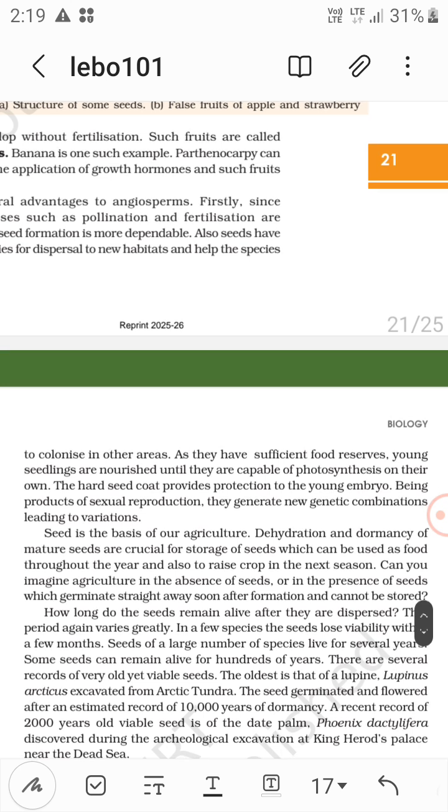As they have sufficient food reserves, the young seedlings are nourished until they are capable of photosynthesis on their own.